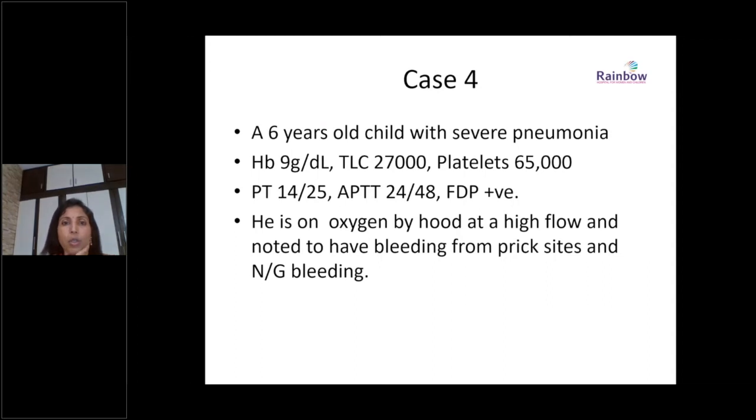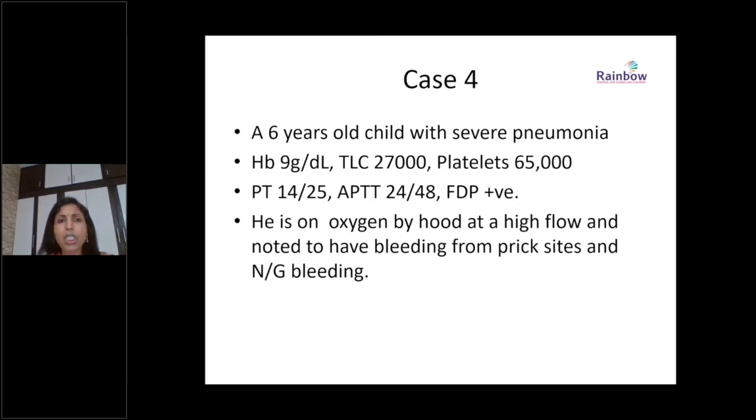Moving on to the next case scenario. This is a 6 year old child who has a decent hemoglobin of 9 and is in sepsis DIC, I should say, because platelets are low, total count is high, PT APTT is deranged, FDP is positive in this child, FDP and D dimers.